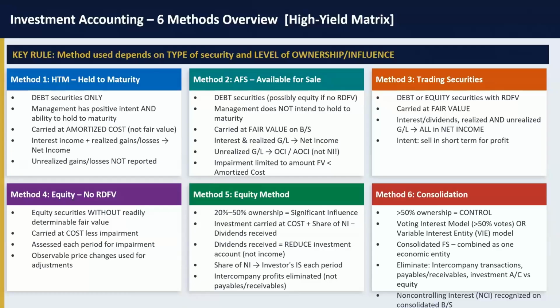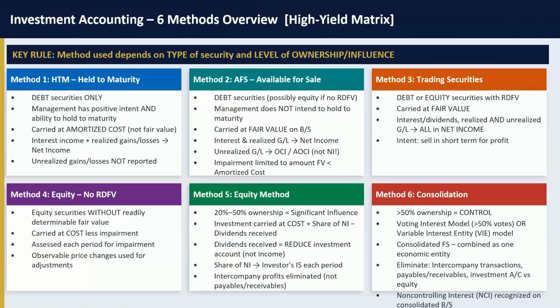So in the fair value through income statement method, how do we record it? Interest, dividends, both of them you will be recording in your income statement. Then realized and unrealized gain or loss, everything will be in net income. So this thing you should fix in your mind. Trading securities, any given transaction moves into net income. Okay. And here, trading securities, you want to sell them as quickly as possible.